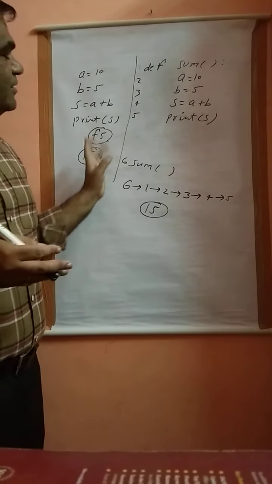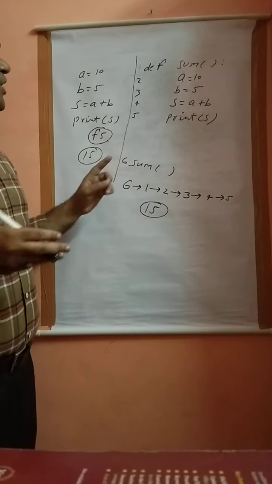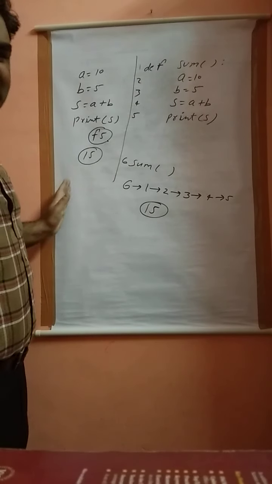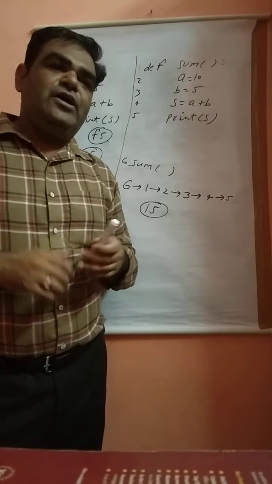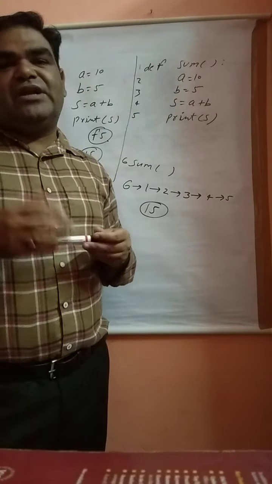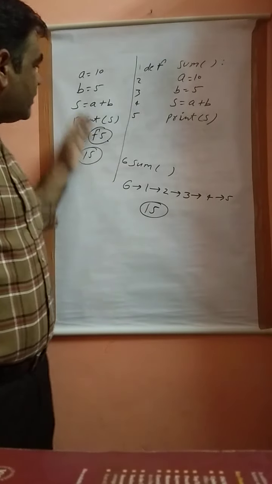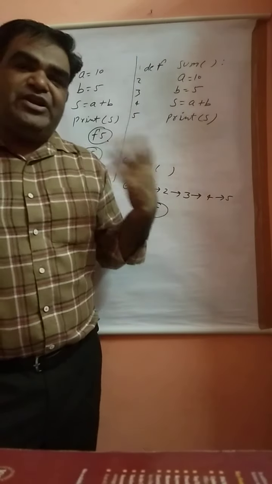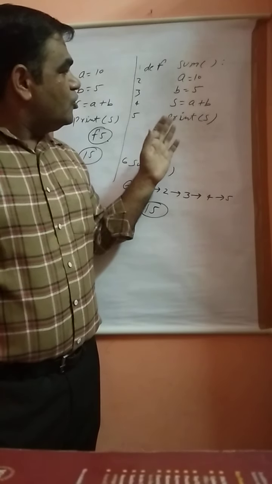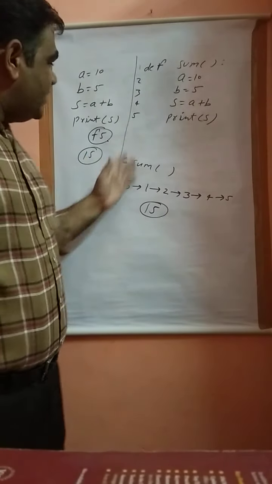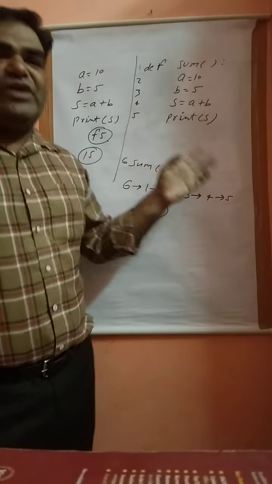So now let's see the difference between these two. Now we wrote a very small program. Suppose you write a program of 1000 lines or 2000 lines. It is very difficult to understand the meaning of the programming lines. To overcome these problems, we write a program with the help of functions.